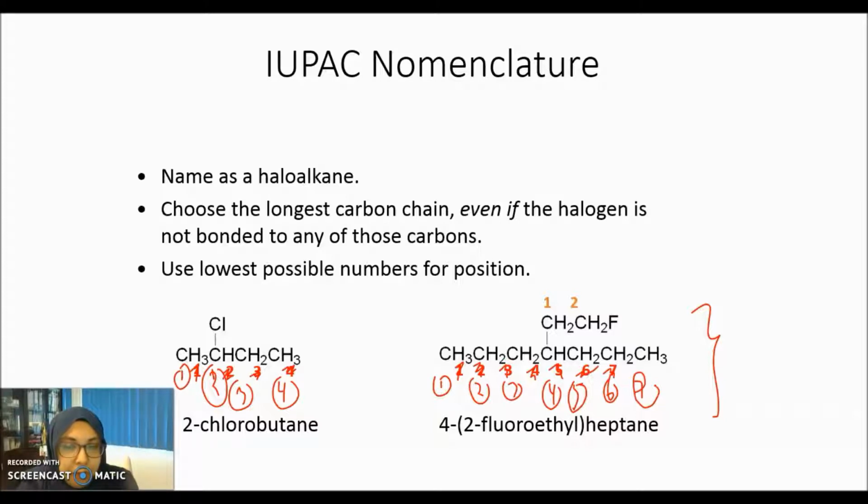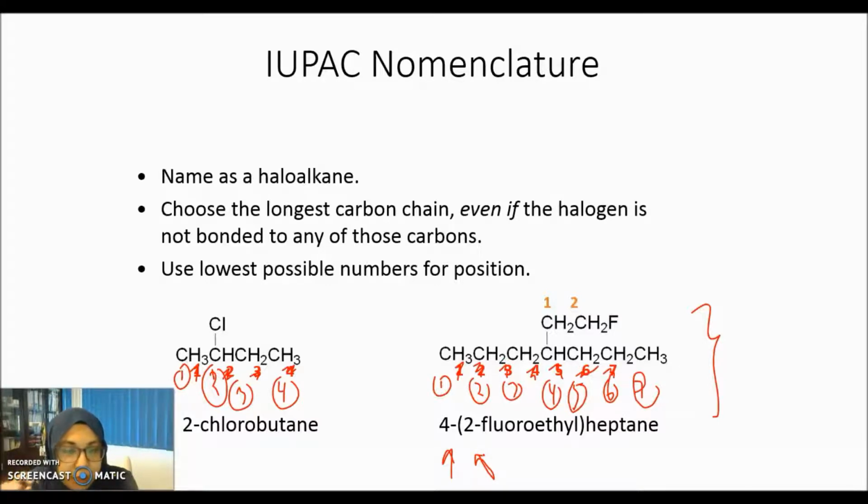Therefore, you have them in a bracket, whereby we have the whole thing as a substituent at carbon 4, and the fluorine is present at carbon 2 of the ethyl.